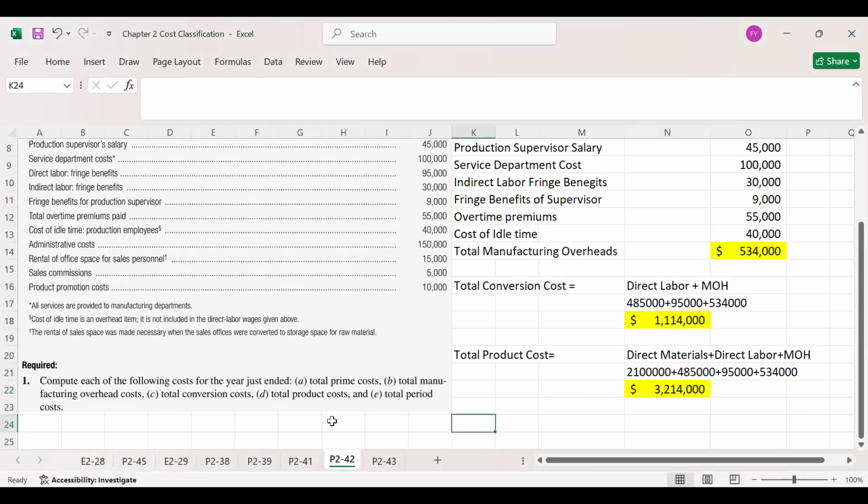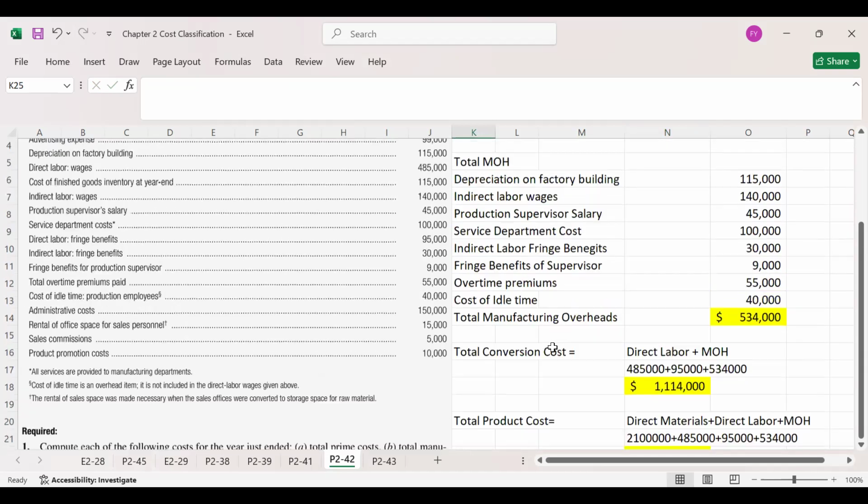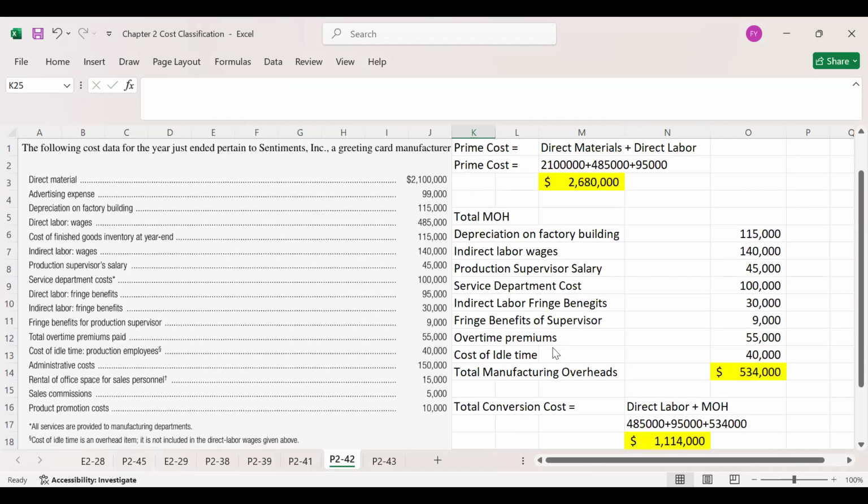The next requirement is to calculate total period cost. Total period cost is also called total operating expenses. So total period cost: all the expenses or all the costs that are incurred from storing raw material, from storing finished goods to selling the finished goods. So here you can see that advertising expense is a part of period cost.